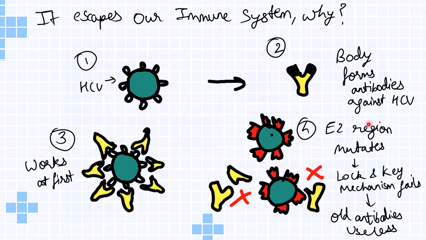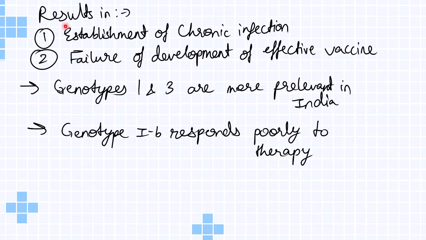But the E2 region mutates and the lock and key mechanism fails. And the old antibodies become useless, as you can see in this image. That's how it escapes our immune system. This results in establishment of chronic infection and failure of development of effective vaccine because the E2 glycoprotein mutates fast.